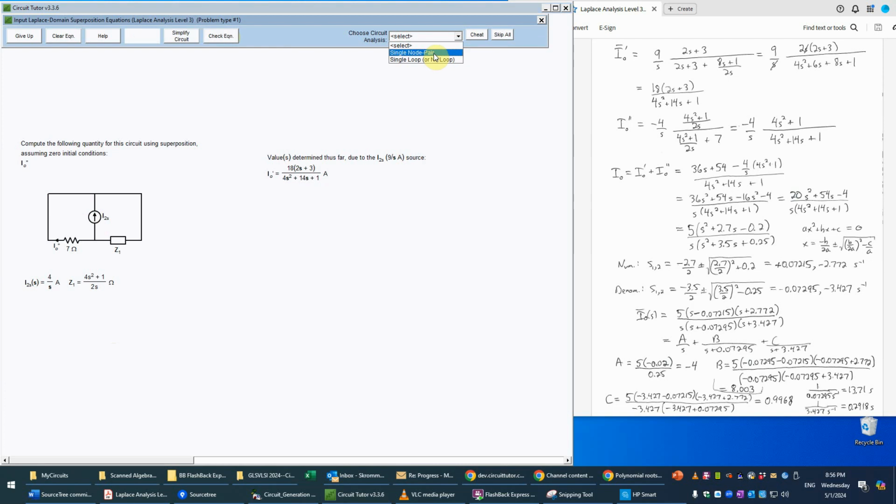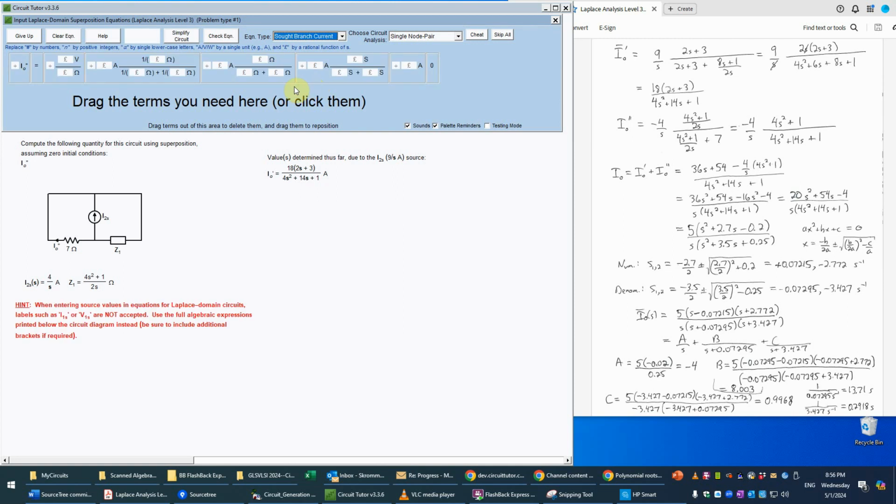It's not a single loop, as you can see, because it has 3 loops. And once again, we're going to write directly an equation for the SOT branch current. That's actually the only option it's going to let you do here, because that's just a simple current divider formula. So we have I naught double prime now as our SOT variable, if you can read that.